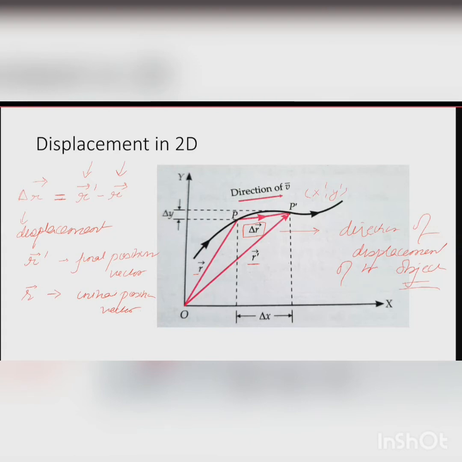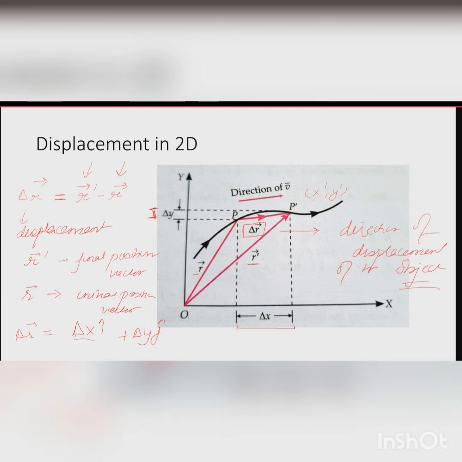Fine. If I have to write the delta r vector in terms of x and y components, I can write delta r as delta x i hat plus delta y j hat. Delta x is the change in position along the x axis. Delta y is the change in position along the y axis.